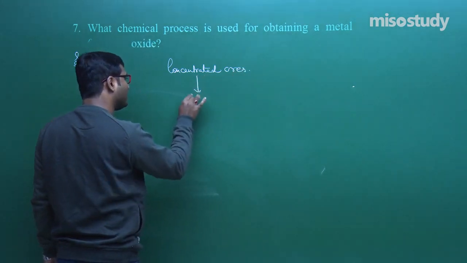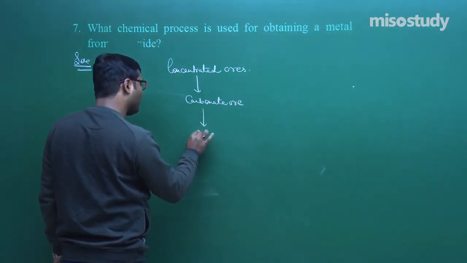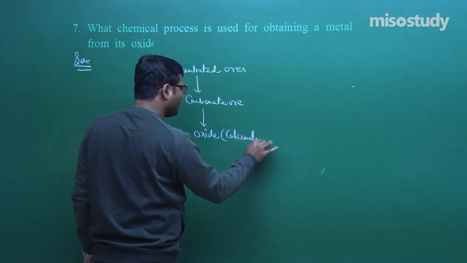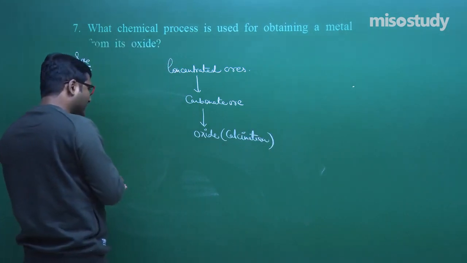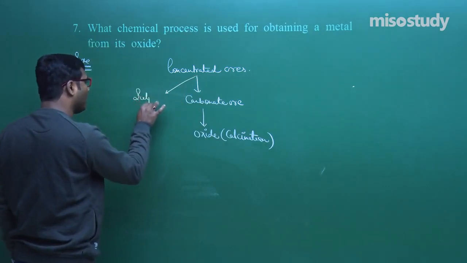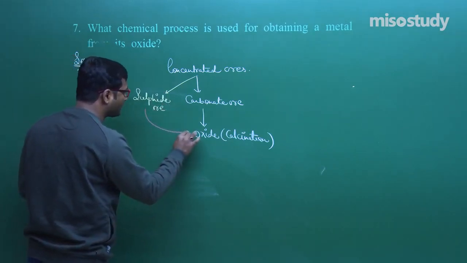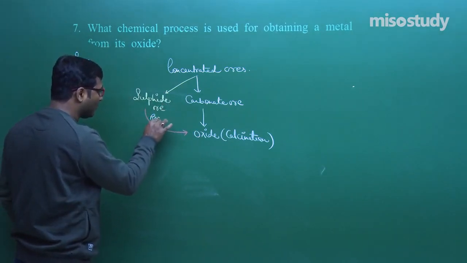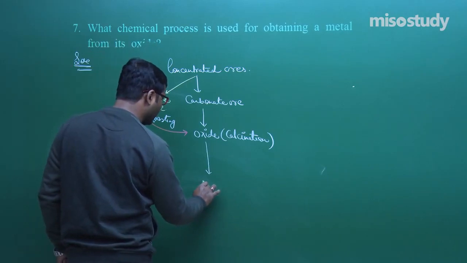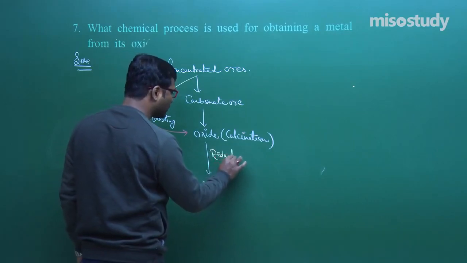Suppose there is a carbonate ore, then it will be converted to oxide ore by the process of calcination. Do you remember? And if the ore is a sulfide ore, then sulfide ore is converted to oxide ore by the process of roasting. Now this oxide ore is further converted into metal by the process known as, my friend, reduction.